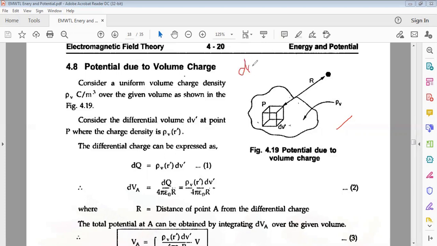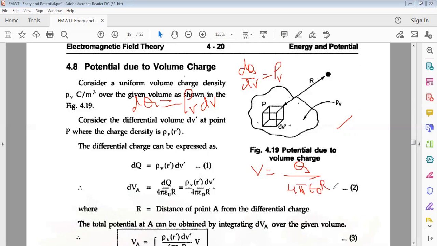So dQ by dV is equal to rho V, and dQ is equal to rho V into dV. The potential due to a point charge is Q by 4 pi epsilon naught R, which is a formula we already proved, my dear students.